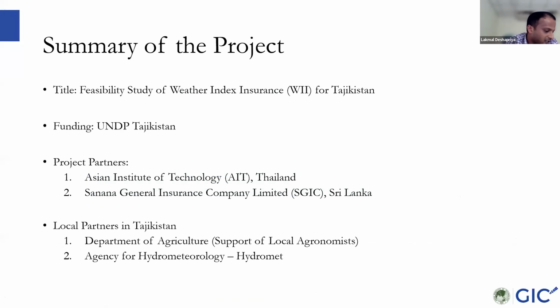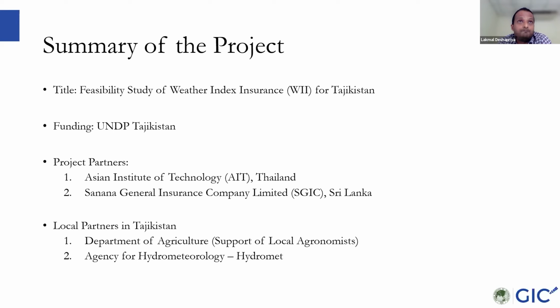So the summary: the money comes from UNDP Tajikistan, and it's called a feasibility study for weather index insurance for Tajikistan. AIT is the lead partner of our project group, and we are working with the Sri Lankan insurance company called Sanasa General Insurance. These guys are the leading index insurance provider in Sri Lanka.